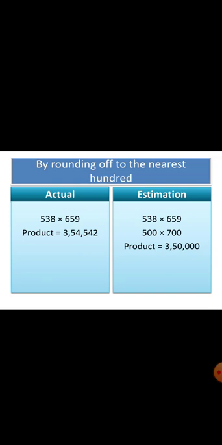And here it is closer to 700. So we are going to estimate 659 to 700. And the product we are getting here is 3,50,000. So here 4,542 is the difference between the actual and the estimation.